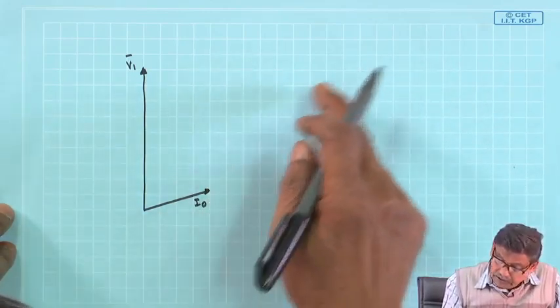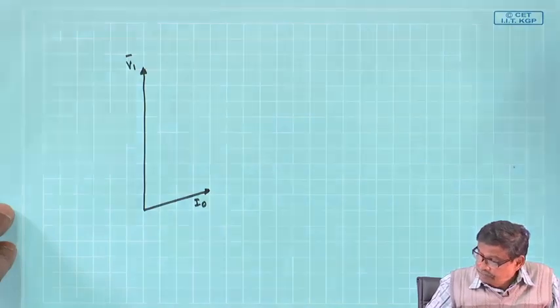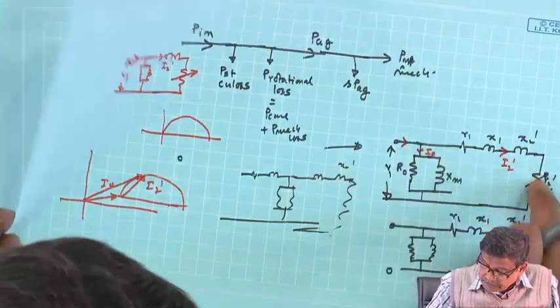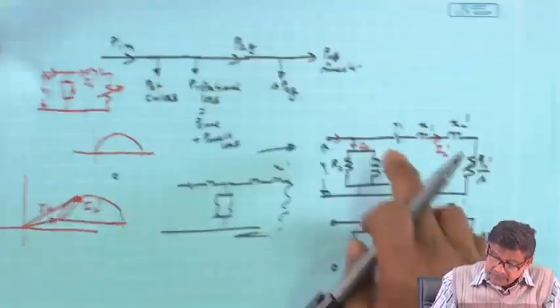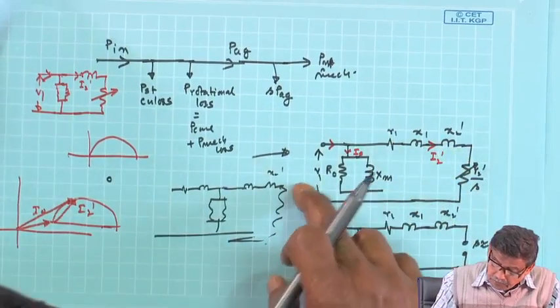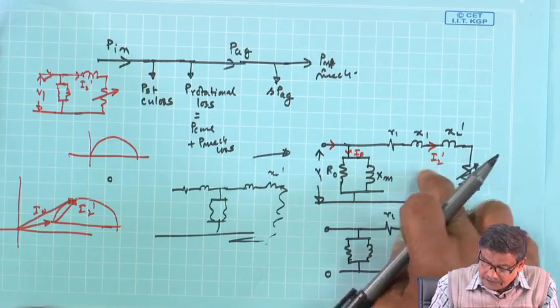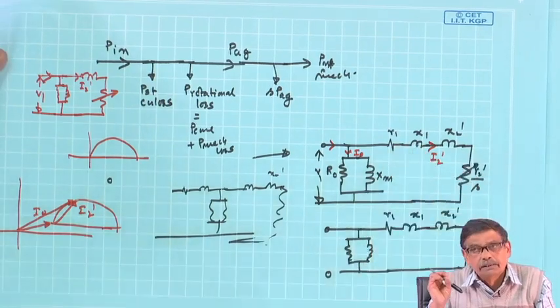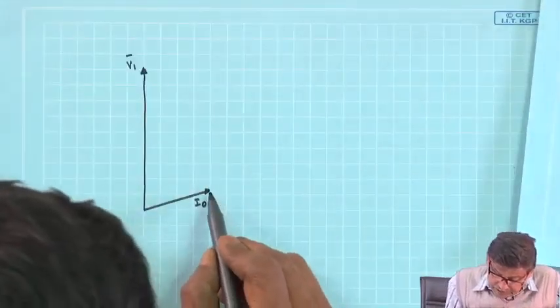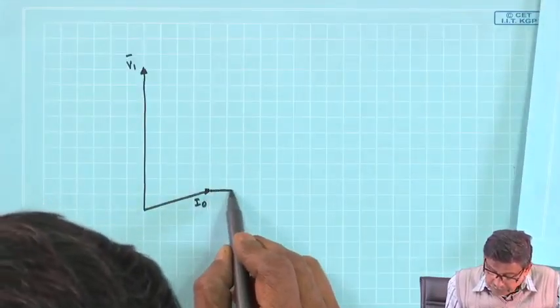Voltage applied to this parallel branch is also V 1. So, the tip of this current phasor I 2 dashed will lie on the perimeter of the circle. So, here I draw that one.